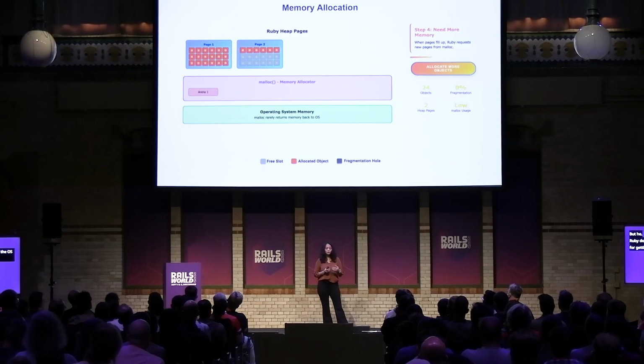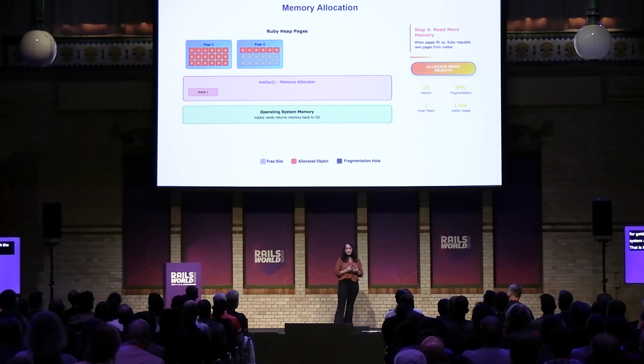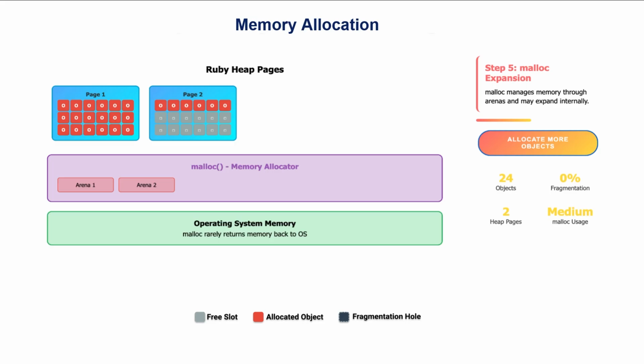It communicates with the system allocator, that is malloc or gmalloc, gets another page, and allocates the objects. Now, malloc internally manages, like Ruby, arenas and slots to manage the memory inside, and it expands internally as well.